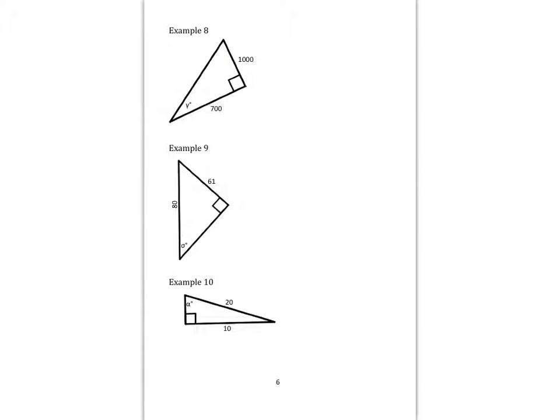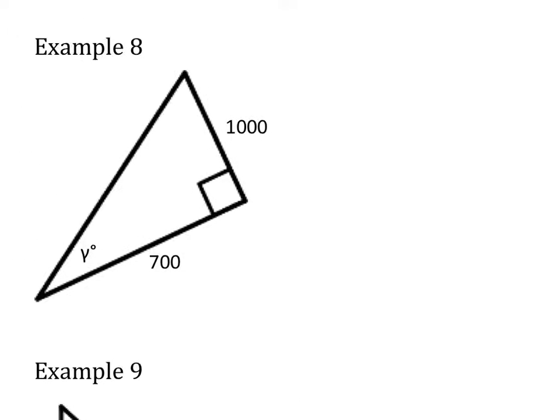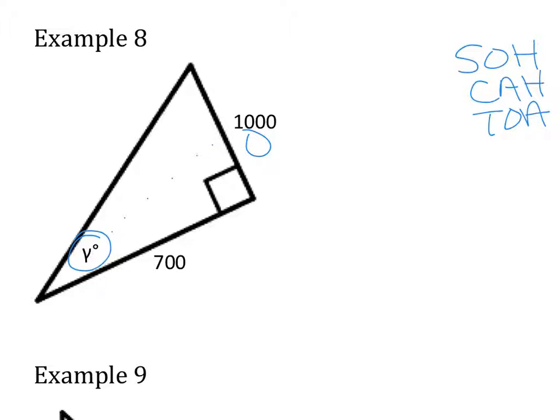All right, just a few more examples of how to find an angle, and then you will be done with the notes. Here we go again. My reference angle is right here. So, TOA. Across from my reference angle is opposite. So if there's no O, I cross it out.